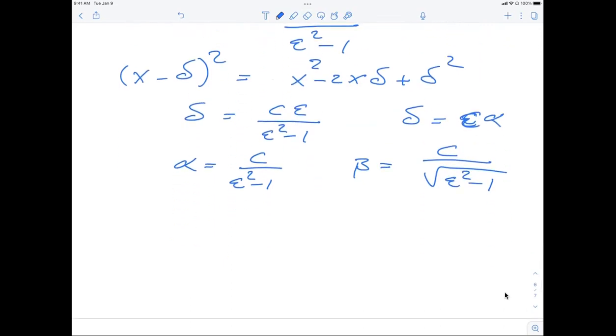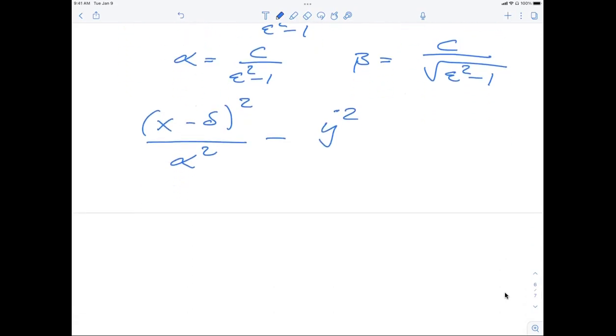And then what I will get is the following equation. When I plug in these definitions, by dividing by epsilon squared minus 1, I can get X minus delta squared over alpha squared, minus Y squared over beta squared, and this is equal to 1.